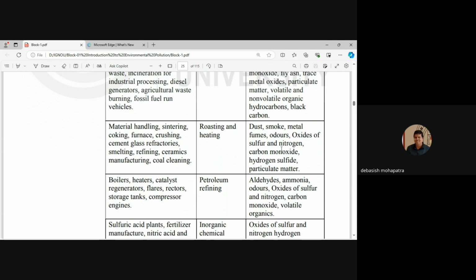Then come boilers, heaters, catalytic regenerators, flares, incinerators, storage tanks, and compressor engines. These are used in petroleum refining, meaning they are mainly used in refining of petroleum products. The emissions are aldehydes, ammonia, oxides of sulfur and nitrogen, carbon monoxide, and volatile organics. These are all that come out.